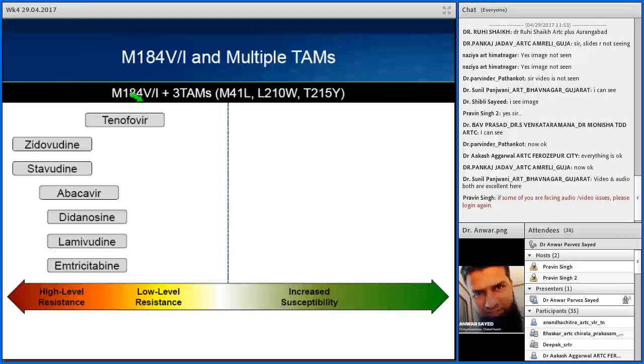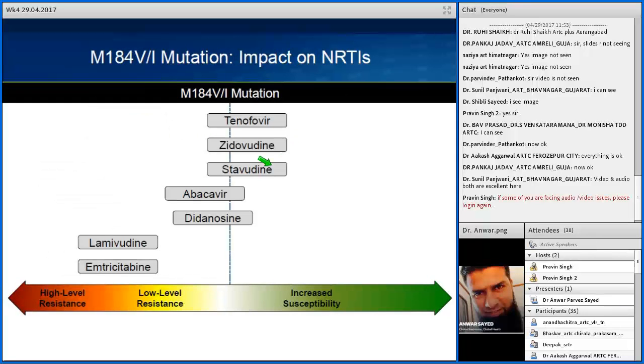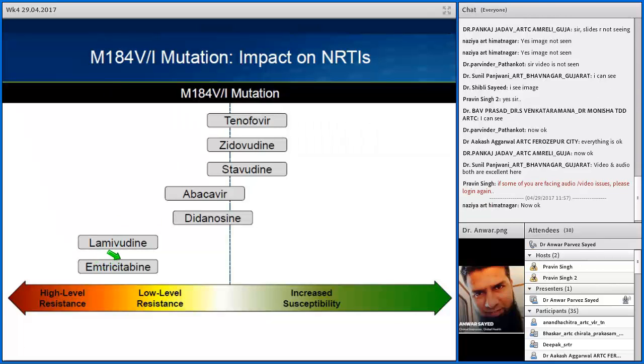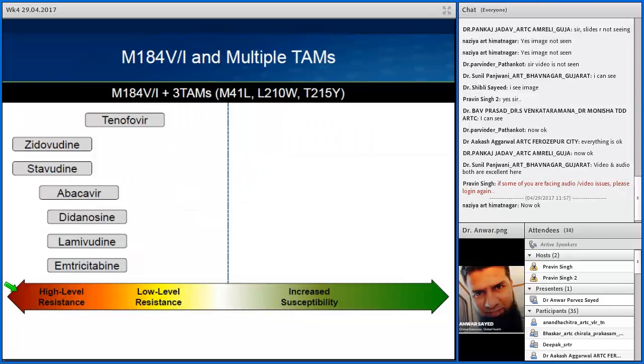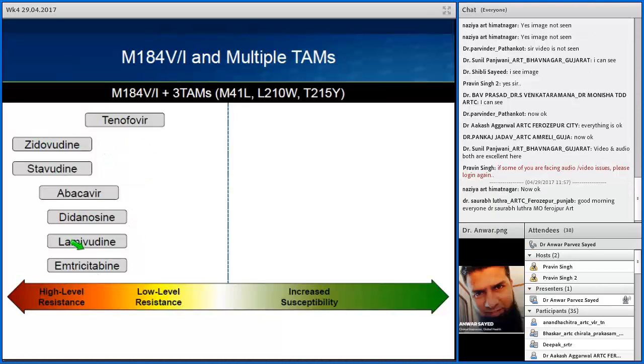That means in the presence of 184V, there will be increased susceptibility to Tenofovir, which we saw here. This will happen only if the switch from first line to second line happens early. But if you allow TAMs to accumulate in more and more numbers, it will make every drug fall in the category of high level resistance. So this is M184V along with multiple TAMs.